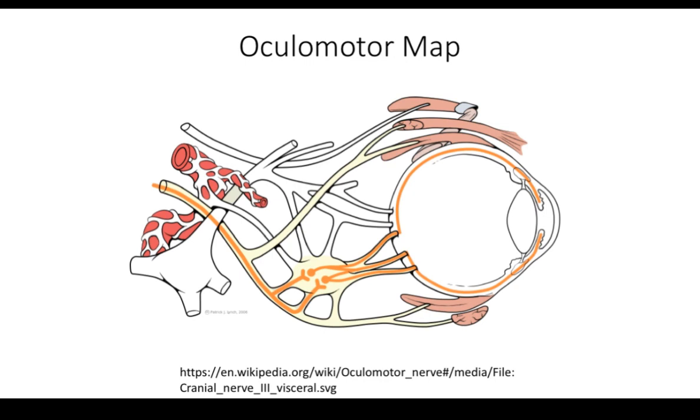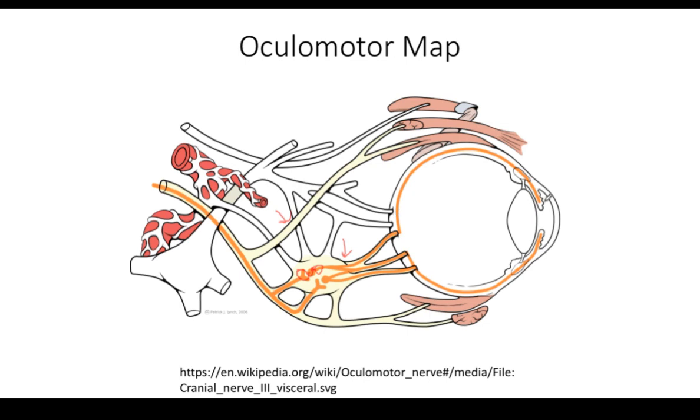When we look at this basic ocular motor nerve map, you can see that there is a superior division and an inferior division innervating these various ocular muscles. And right here is that ciliary ganglion that I mentioned. So this right here would be the end of the preganglionic nerve fibers, and this would be the beginning of the postganglionic nerve fibers, the two neurons that signal structures.